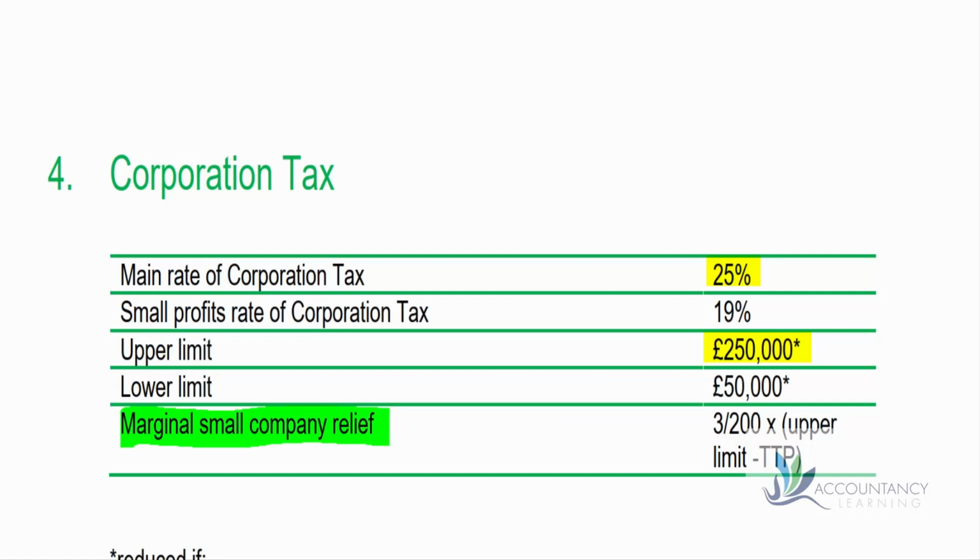So how are we going to do that? Well, first of all, let's work out the tax based on the 25%. So we'd have our 120,000 profits multiplied by the 25%. So that gives us corporation tax of 30,000. So that's our starting position.